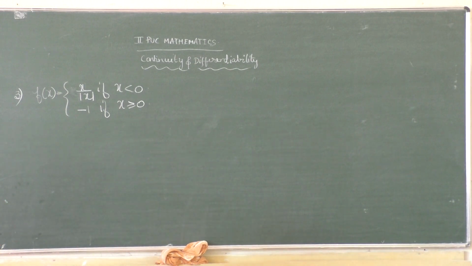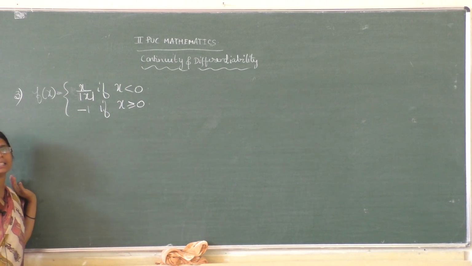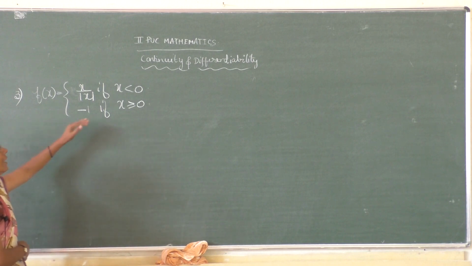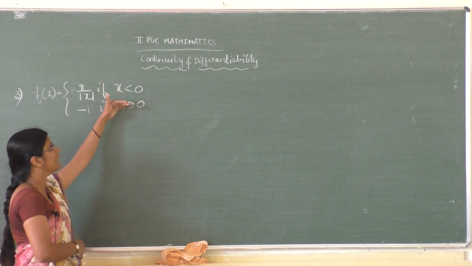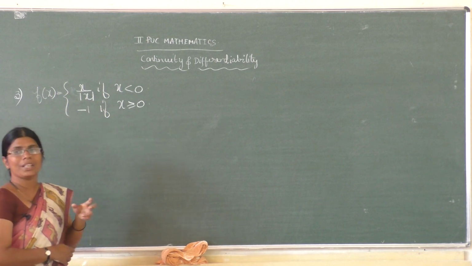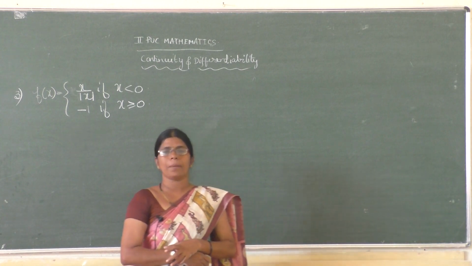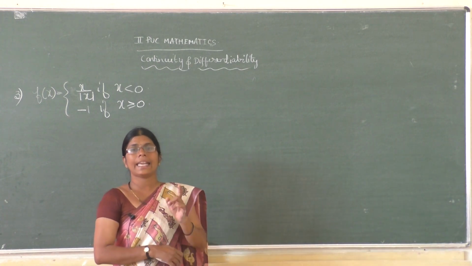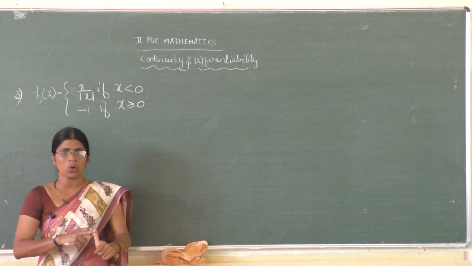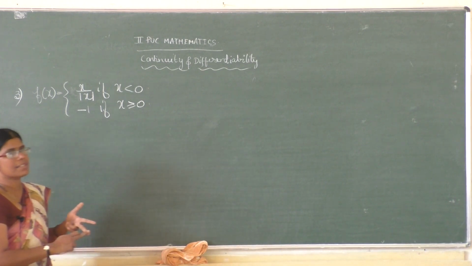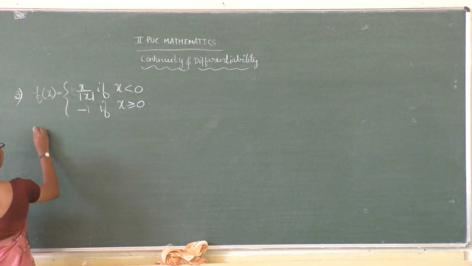Here we already have less than 0, greater than 0, and equal to 0. So we take an arbitrary real number c. Case 1: c less than 0, case 2: c greater than 0, case 3: c equal to 0.